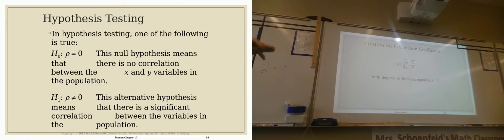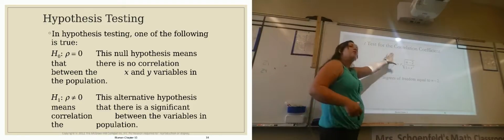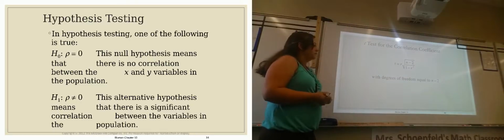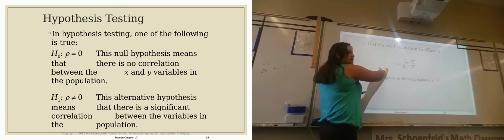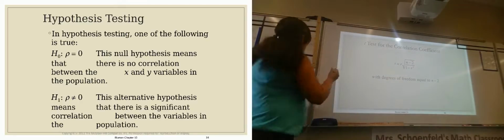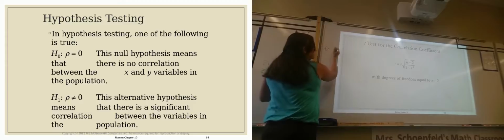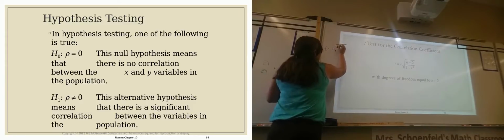Okay, so we're going to have a t-test for the correlation coefficient. We'll use r and r squared for this, which your calculator is going to give you. The degrees of freedom is going to be a little bit different. Remember, we're using that t-chart anytime you have a t-score, so make sure you have that written down. The test statistic will have n minus 2 over 1 minus r squared.